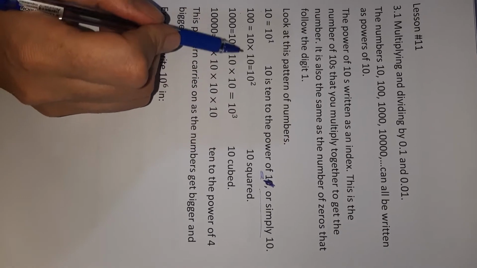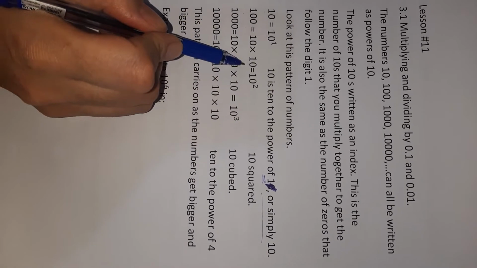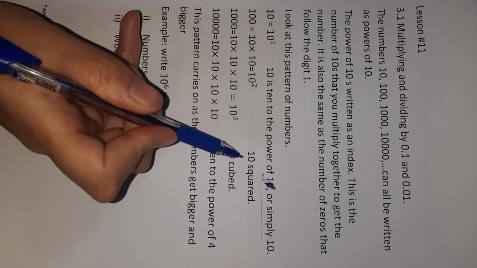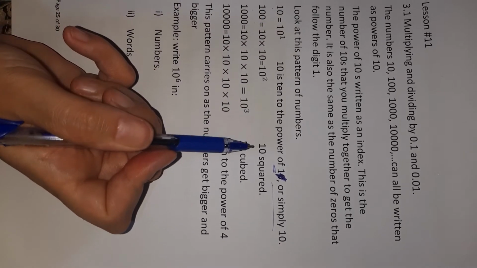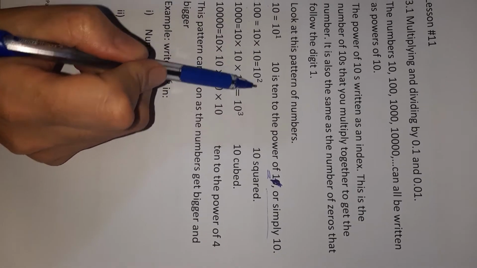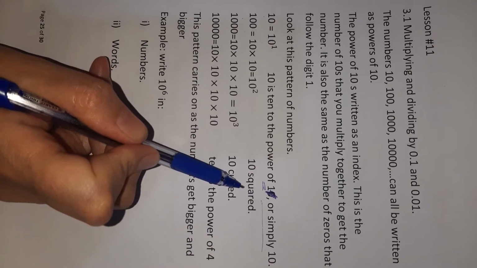Why? Because here we have two tens. 10 times 10 means 10 squared, or 10 to the power of 2.